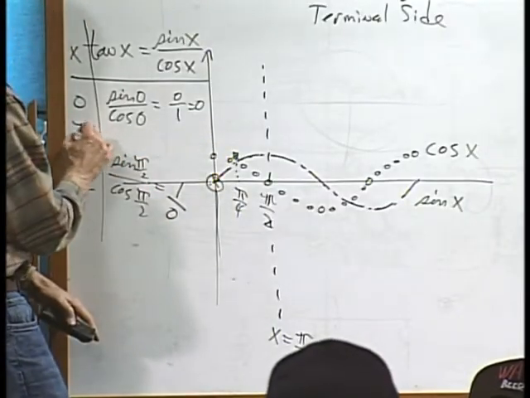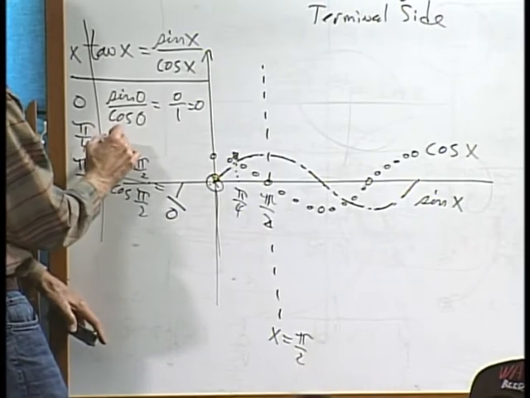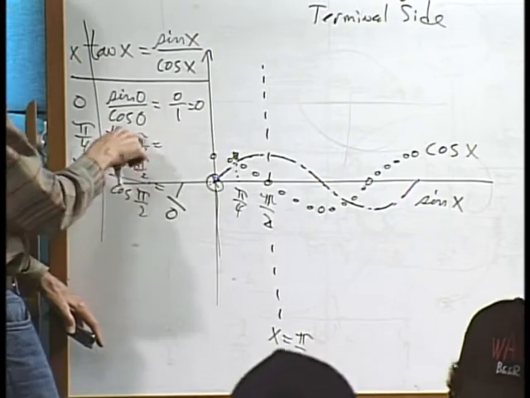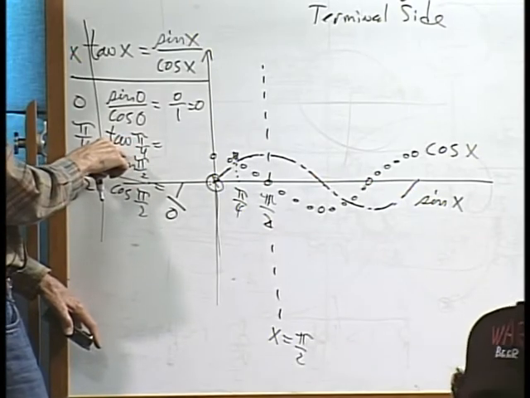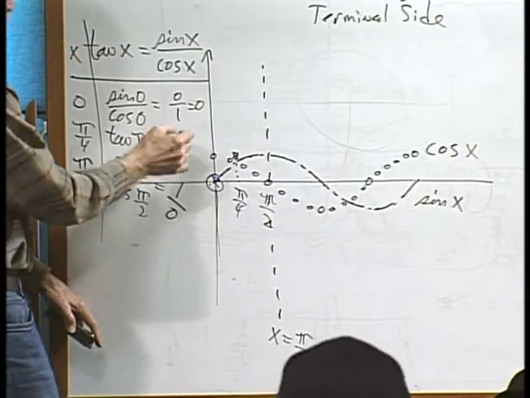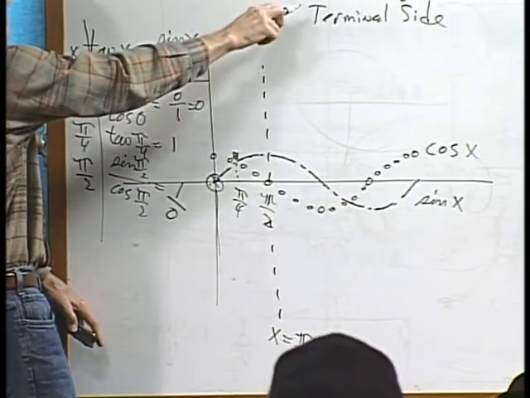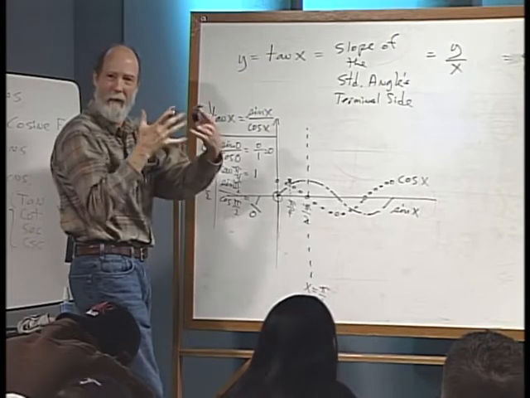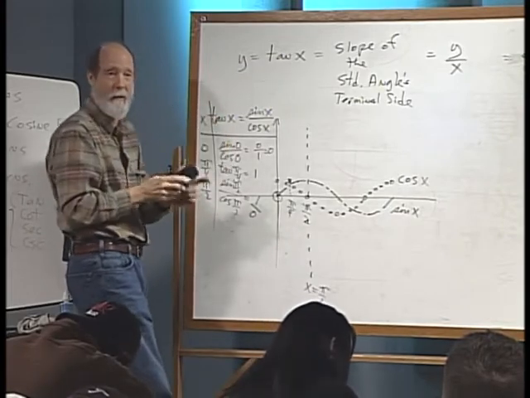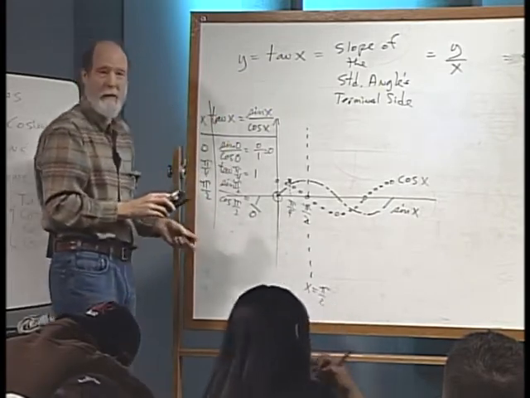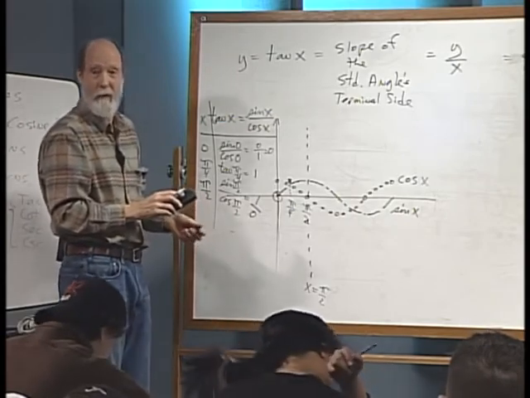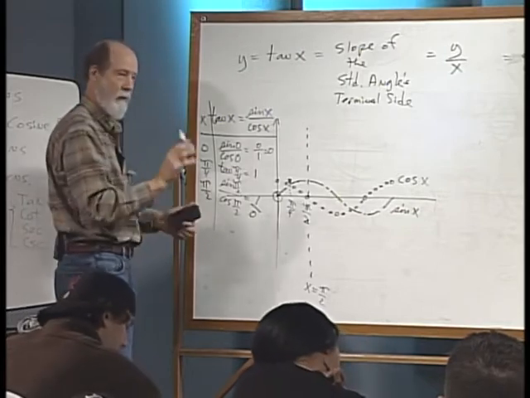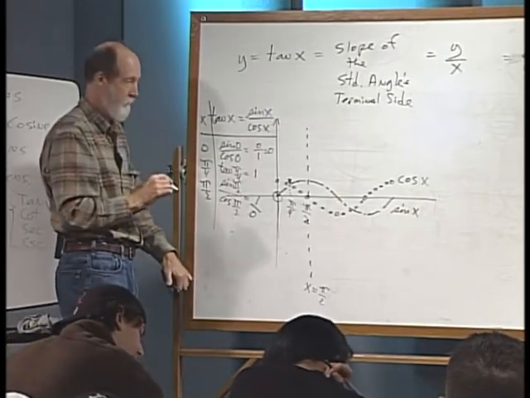At pi over 4, the slope is 1? Yeah. The tangent of pi over 4 is 1, based on thinking of the slope of the standard angle's terminal side. See how this stuff ties together? Fits together like a glove. It better. Mathematics, if it doesn't fit together like a glove, you've got a problem. Okay? And there's always more than one way of seeing it.